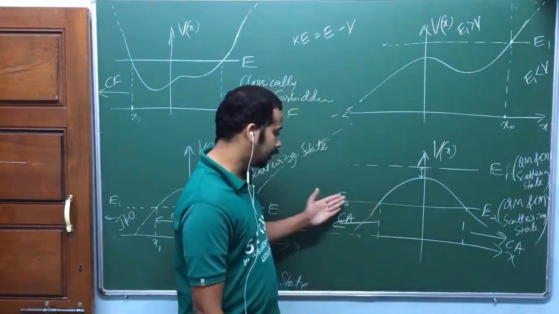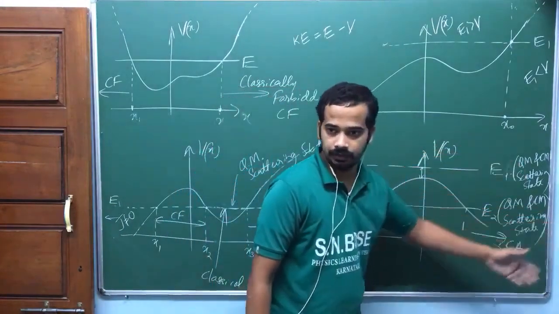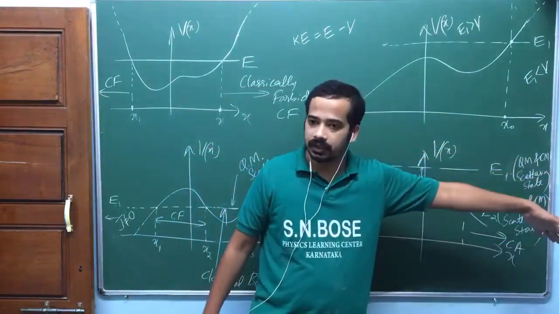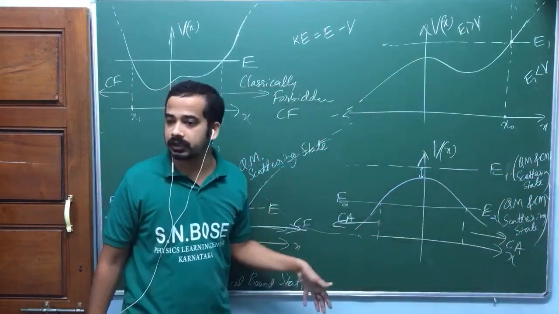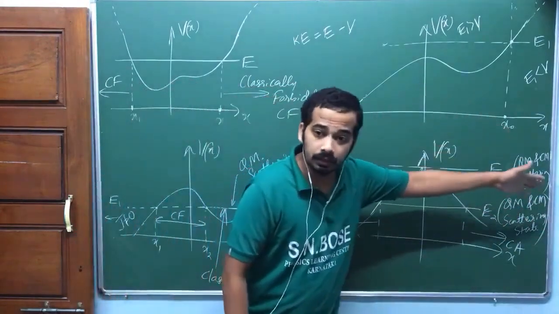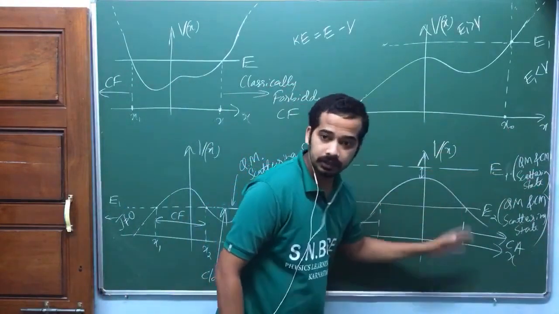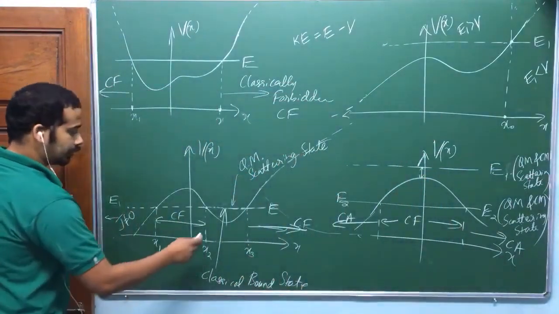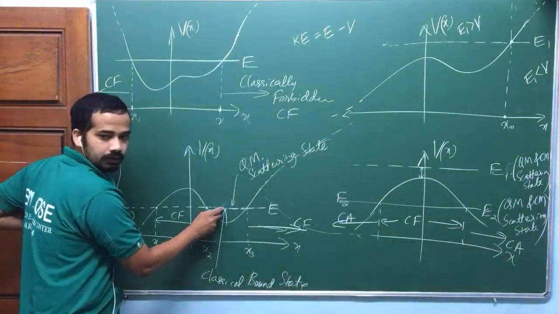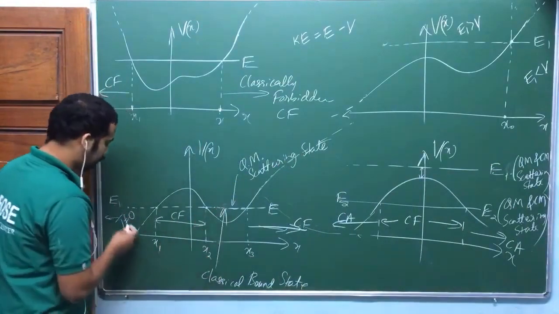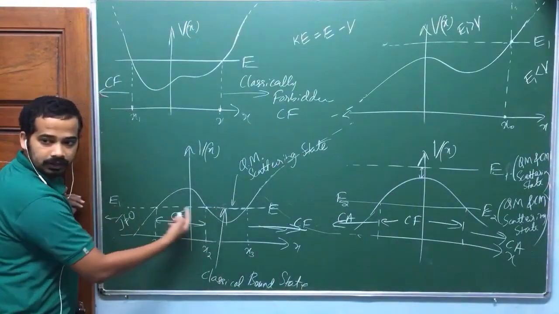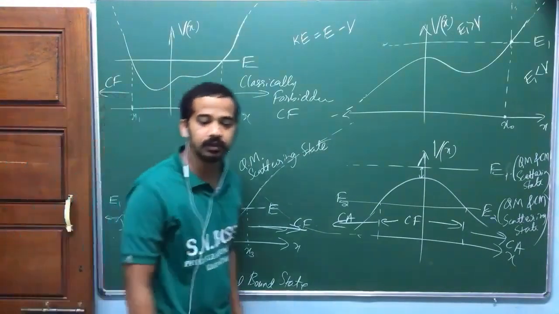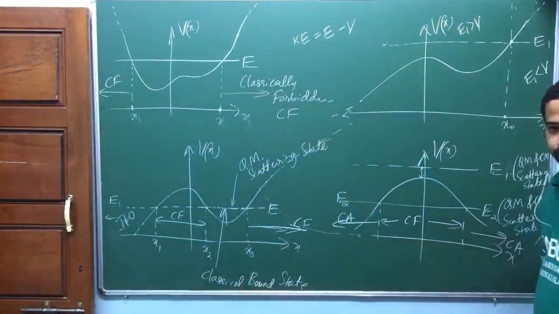If the particle was shot in this direction and it is found in this direction, we call it tunneling. It is the process of going from one classically allowed region to another classically allowed region, crossing the classically forbidden region. Exactly the same thing is happening here. The classical particle was in one classically allowed region, and it can go to the other classically allowed region by crossing this classically forbidden region. We call that process tunneling.